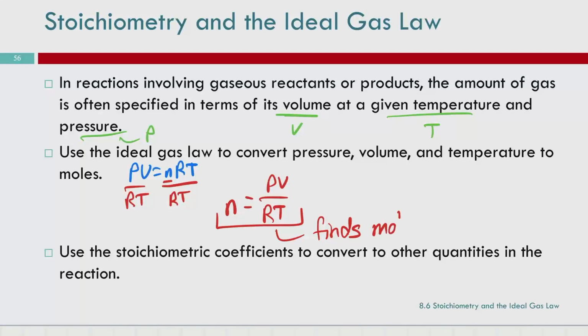So this finds the moles of gas. And then once we've got moles of gas, we can use stoichiometry. We can use the ratio from our balanced chemical equation to convert to other chemicals.